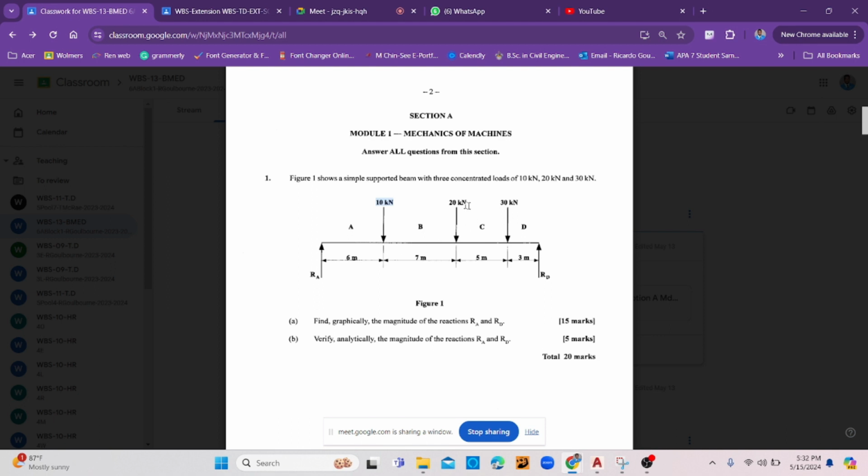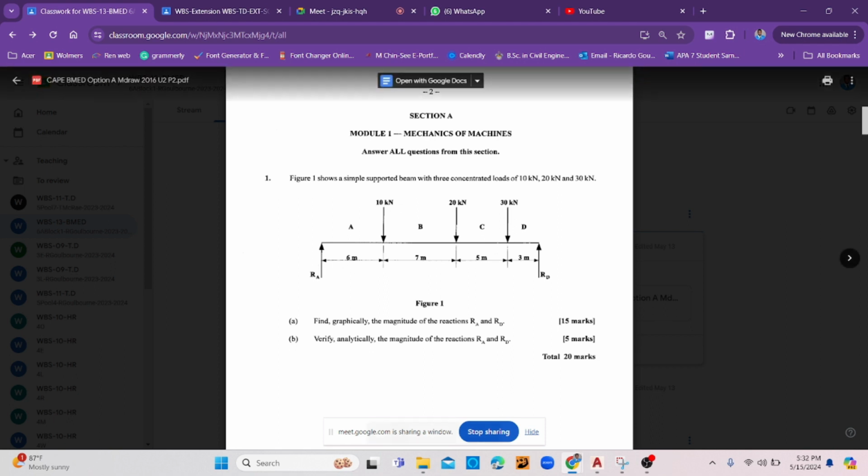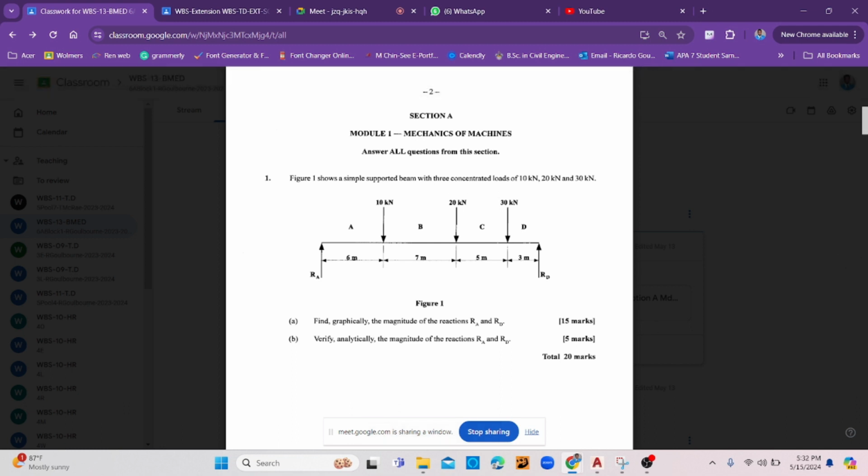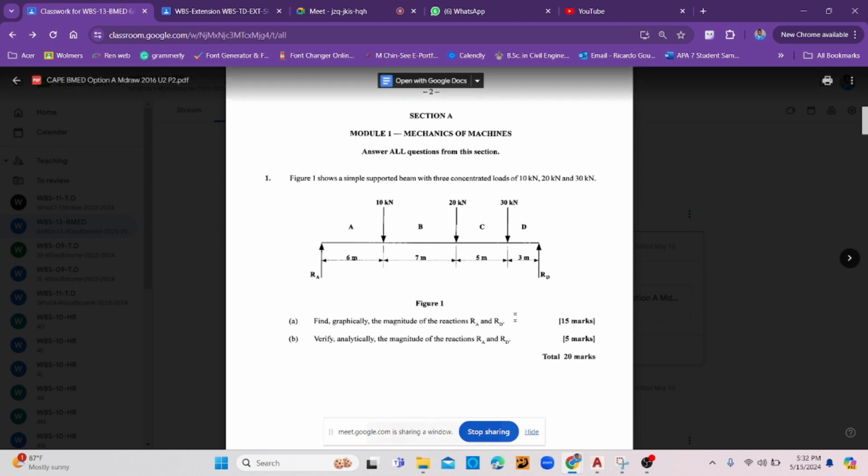Likewise this 20 kilonewton and this 30 kilonewton. Now the question says that figure 1 shows a simply supported beam, as you can see from RA and RD, with 3 concentrated loads of 10 kilonewton, 20 kilonewton and 30 kilonewton.